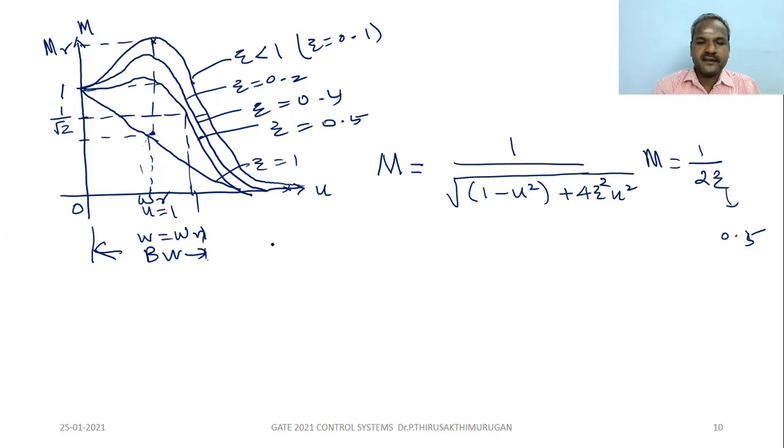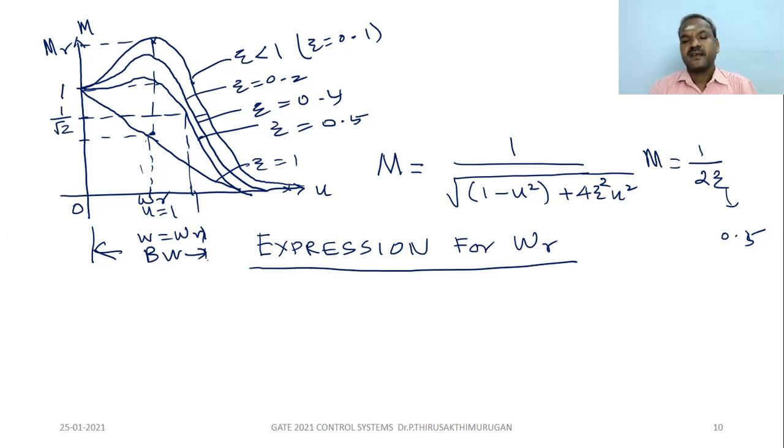So let us first find the expression for omega r. What is omega r? Omega r is the resonant frequency. How do we get the maximum value? To find a maximum or minimum value, differentiate.